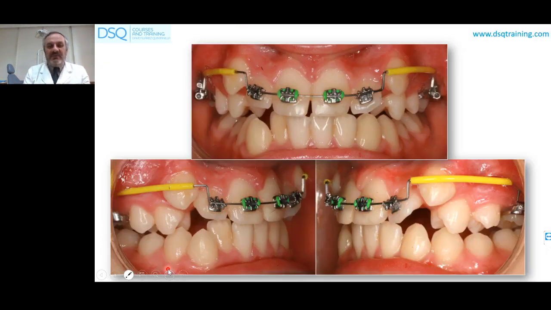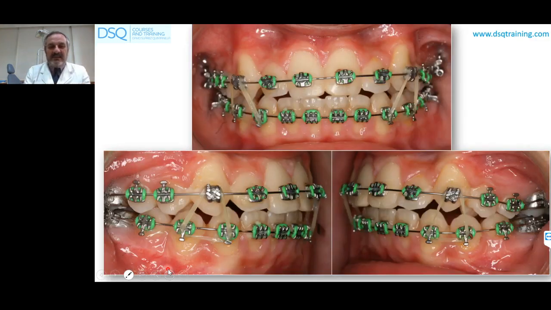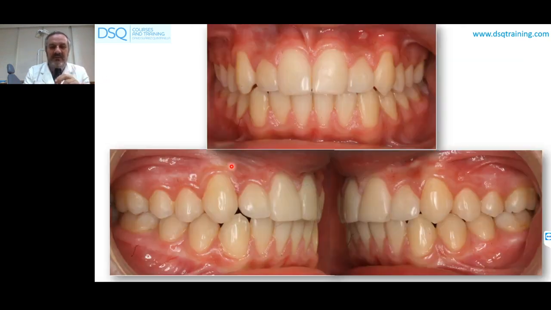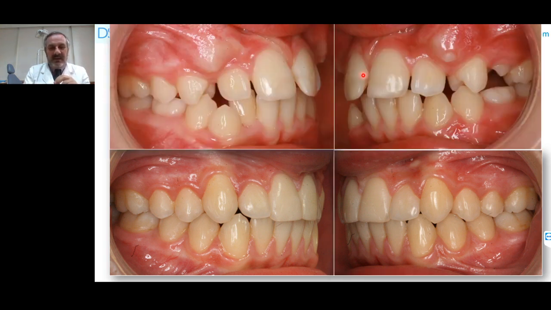The start of the treatment is using a utility to move the lateral incisor forward, distalization of the upper molars, and now we are using heavy and short elastic to close the bite in the front. And at the end of the treatment, you can see the stripping here and the stripping here.